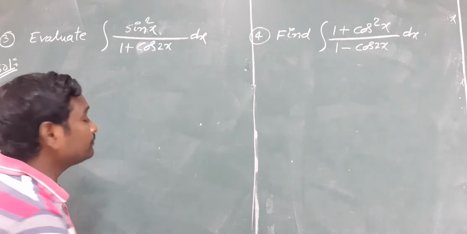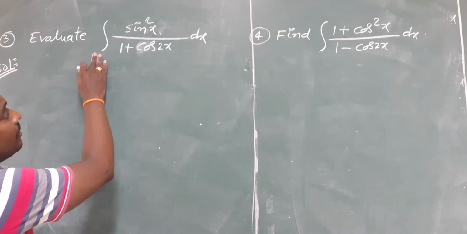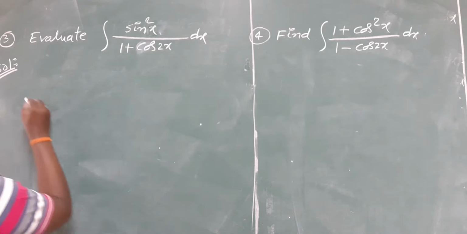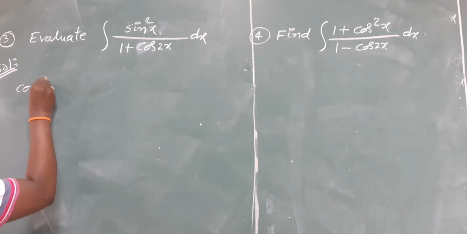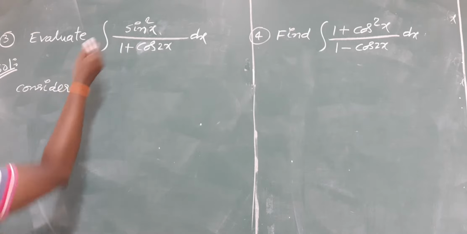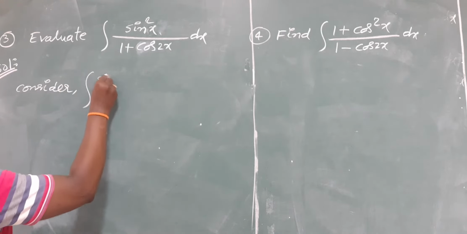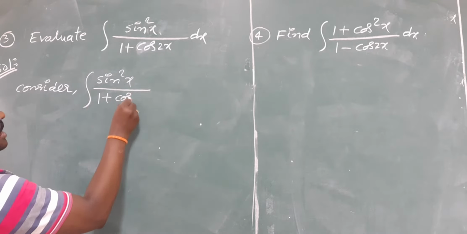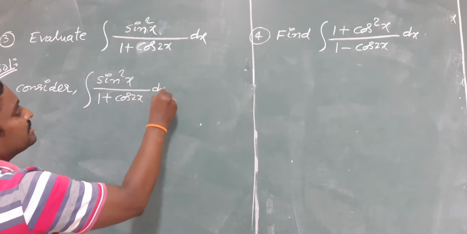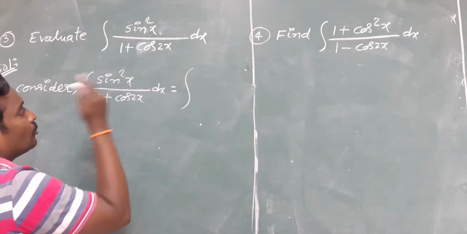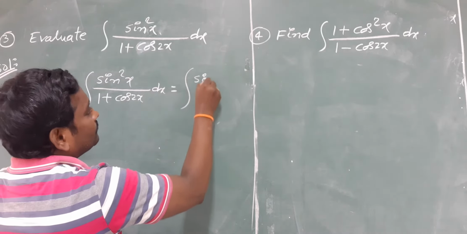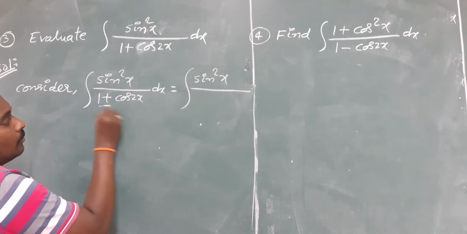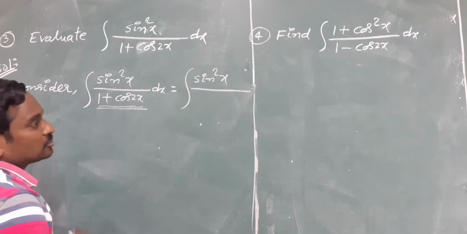See the next problem. Evaluate integral of sin square x divided by 1 plus cos 2x dx. In the solution, once consider the given problem. Integration of sin square x divided by 1 plus cos 2x dx is equal to, don't change the numerator, sin square x divided by, what is the formula for 1 plus cos 2x?